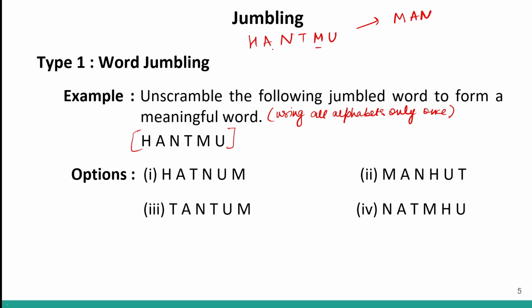If I use this alphabet and this alphabet, I can create man. Similarly, if I use H, U, and T, I can create the word hut. If I use A and T, I can make ant.